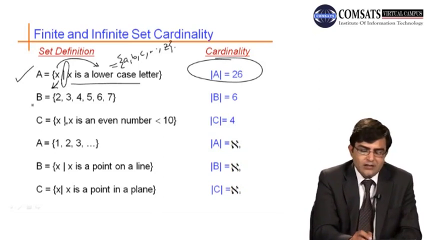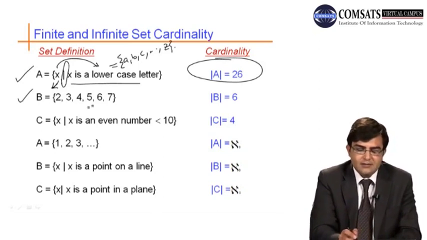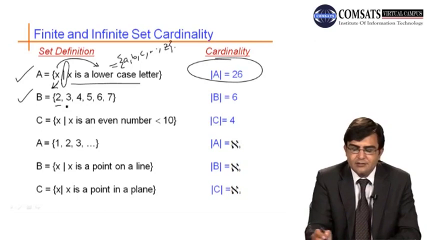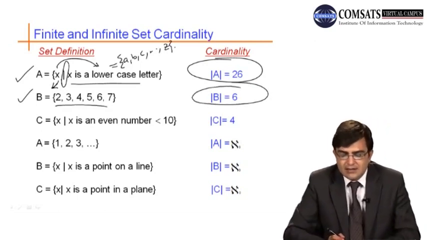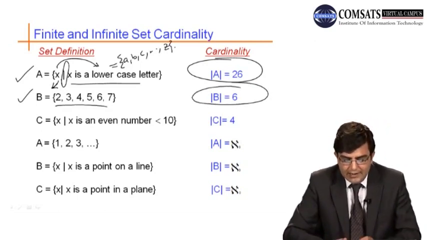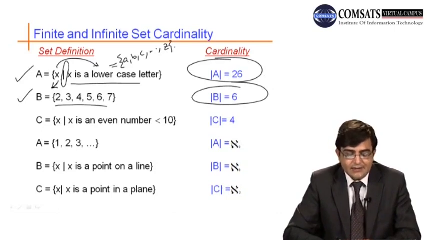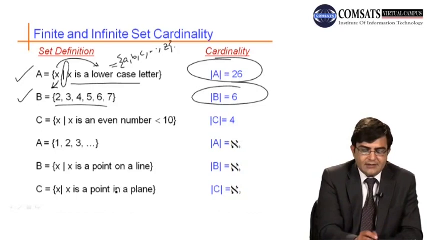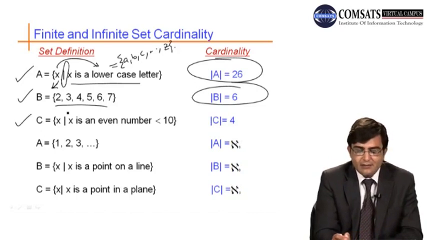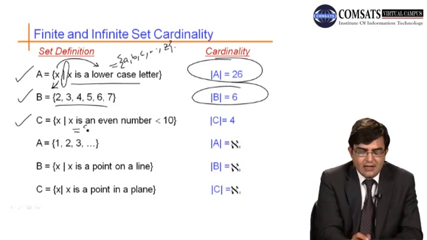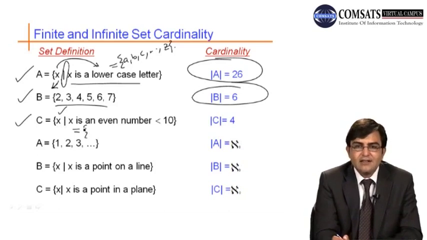Cardinality of this set is 1, 2, 3, 4, 5, 6. So this set contains 6 elements, so the cardinality of this set is 6. So the cardinality of finite sets is basically the number of elements in that set. This is called the cardinality. So if we take up this set, x such that x is an even number less than 10, what elements does this set contain?